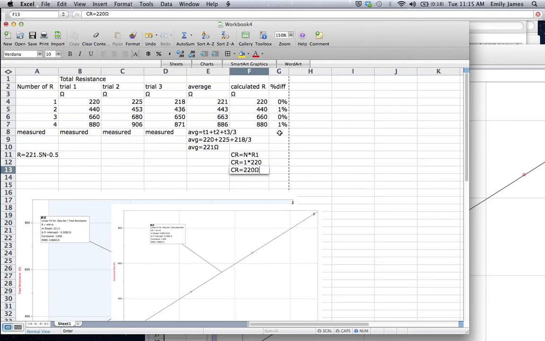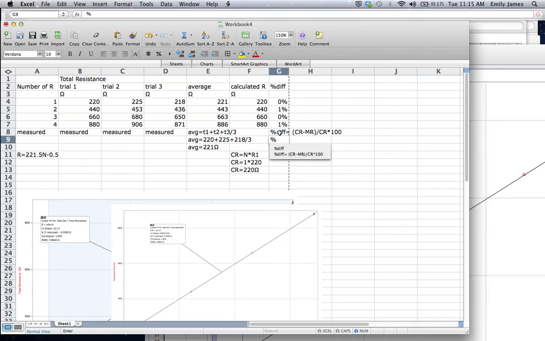For percent difference, we want to do the same kind of thing. Percent difference equals calculated R minus measured R divided by calculated R times 100.